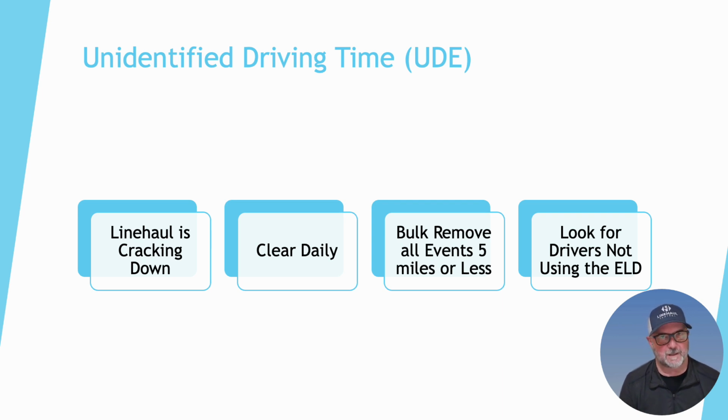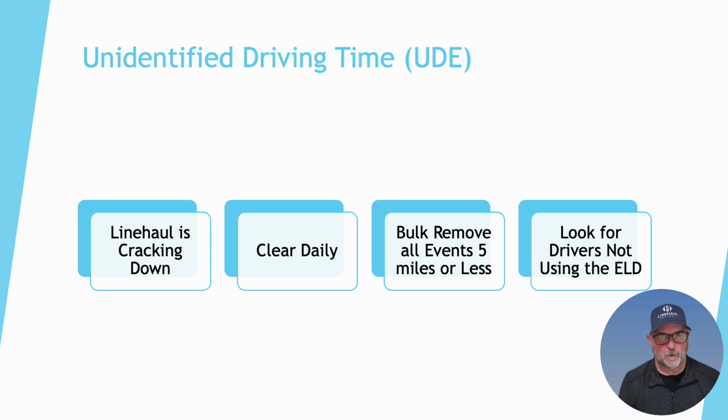Is the driver just saying, hey, I can't log in? Did they call you? Did they not call you? Did they let you know there was a problem? Did they just go, the ELD is silly, I'm not using it, and I'm just going to drive without the ELD? So you need to figure that out first: do we have a driver that's just not using the ELD?